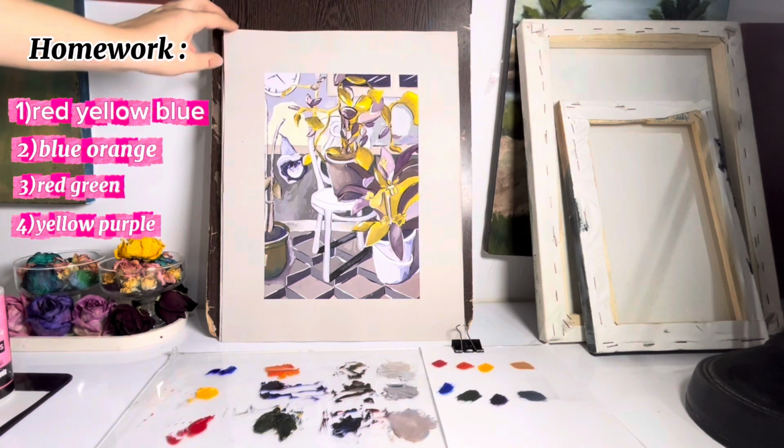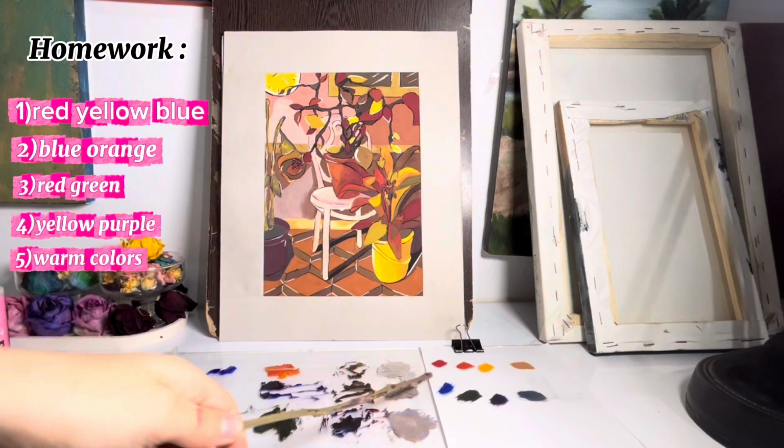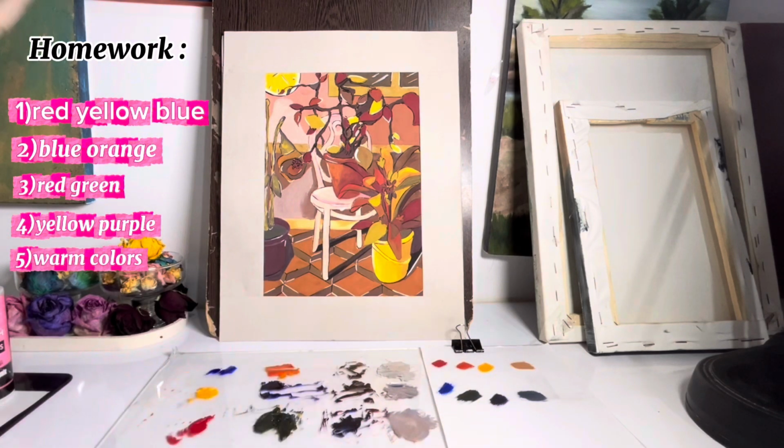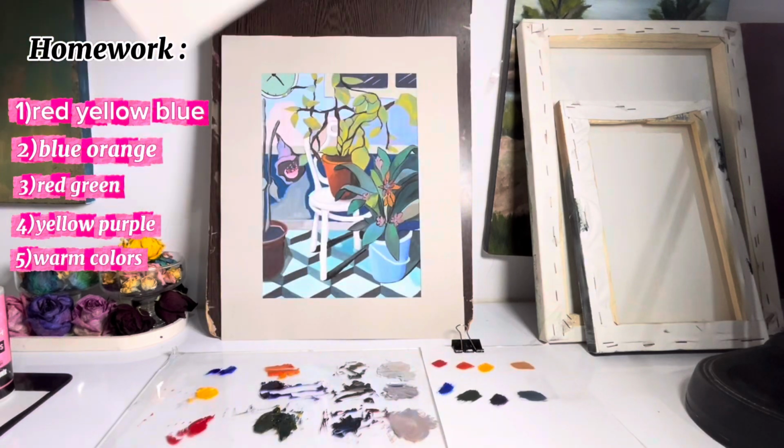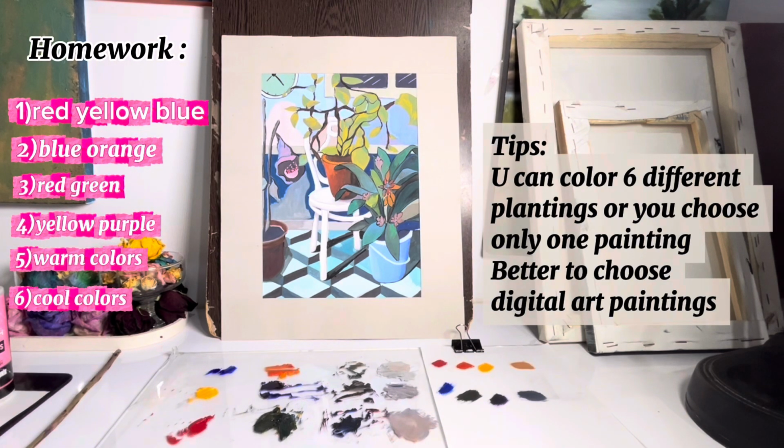And I want you to color one using warm colors, and the last one using the cool colors. The painting model is up to you. You can choose your own, but I want you to do this 6-part exercise for each palette.